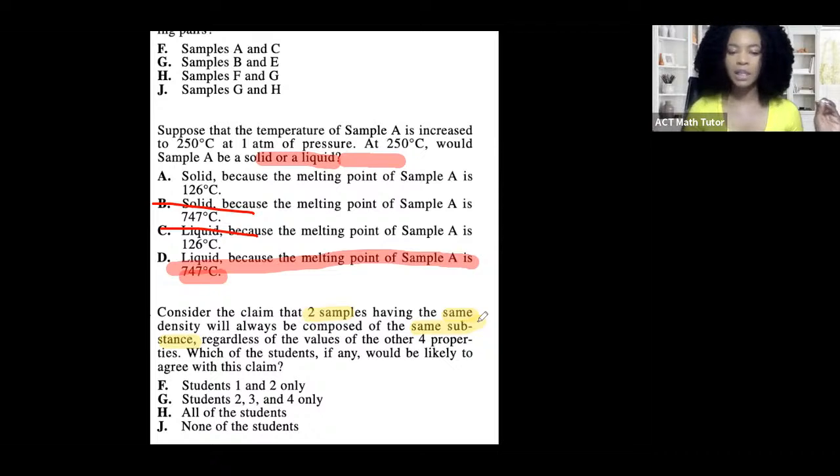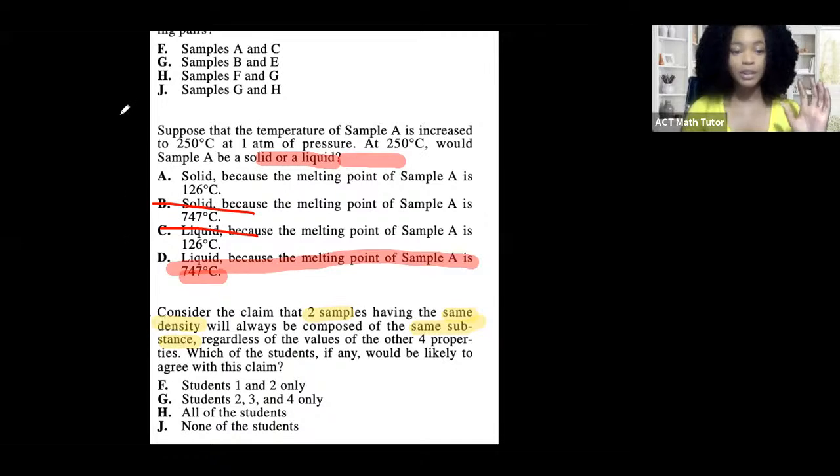So only dealing with density only. The question is, which of the students, if any, would be likely to agree? Who's going to agree that density is the only thing that you need to have the same in order for the substances to be the same?